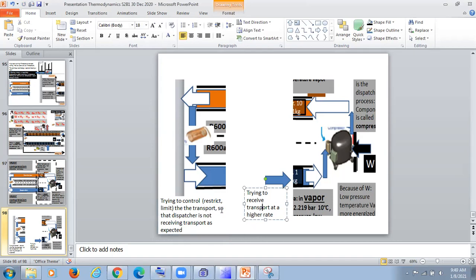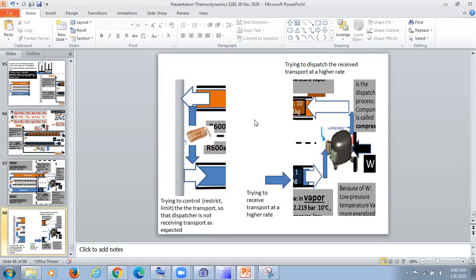As a result, there comes a balance. So trying to receive, and also this has a capacity to dispatch the received transport at a higher rate.